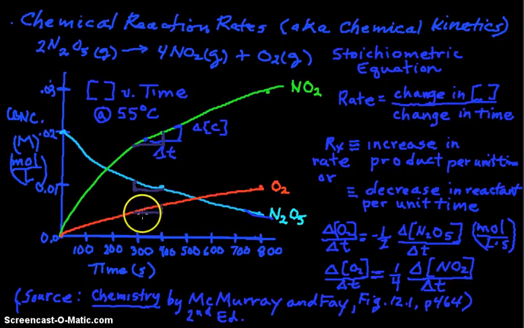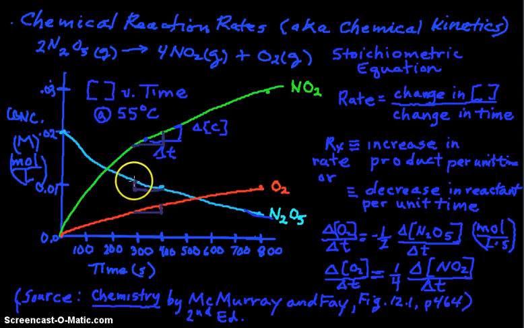So, for example, for oxygen, in this time interval between 300 and 400 seconds, the concentration increased. So that corresponds to a formation rate, and the dinitrogen pentoxide decreased in concentration.